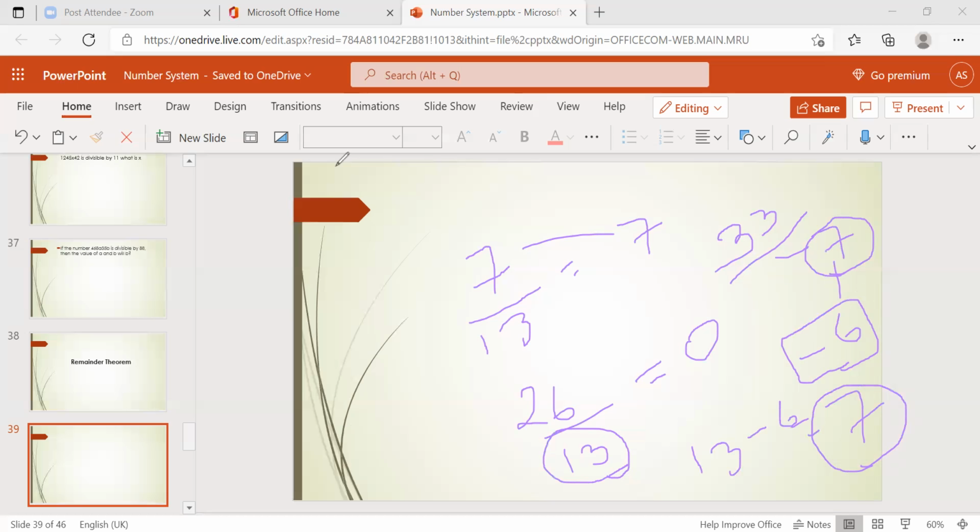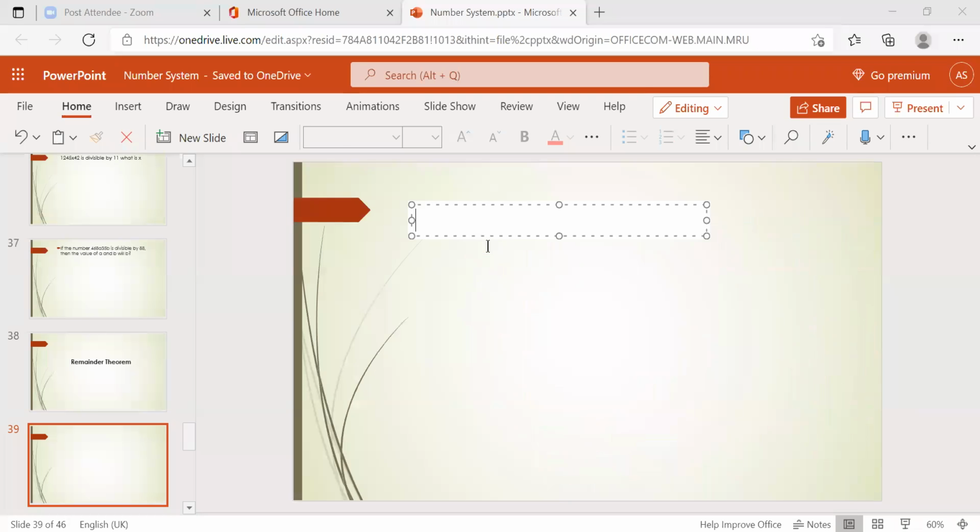Okay. And in last class, we discussed one important concept. That method is nothing but Fermat's theorem, right? Do you remember this? Fermat's theorem. What is Fermat's theorem?